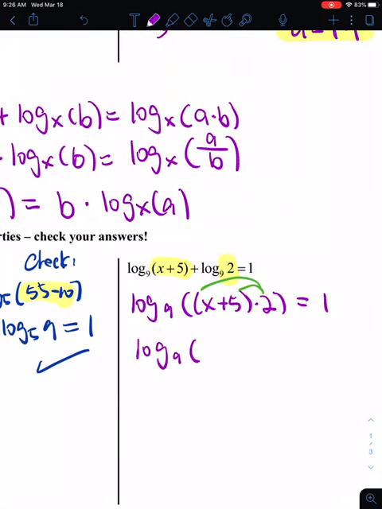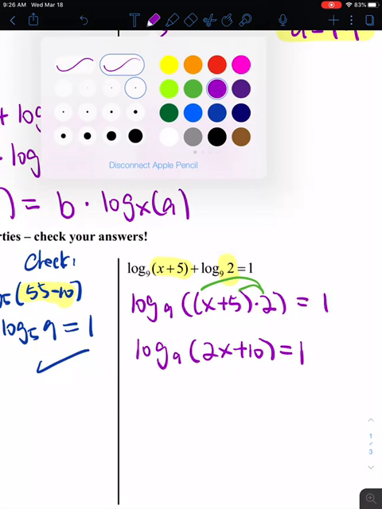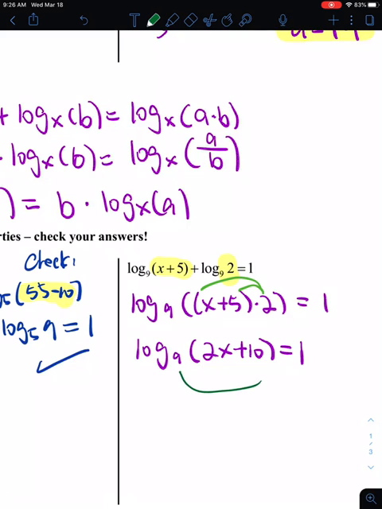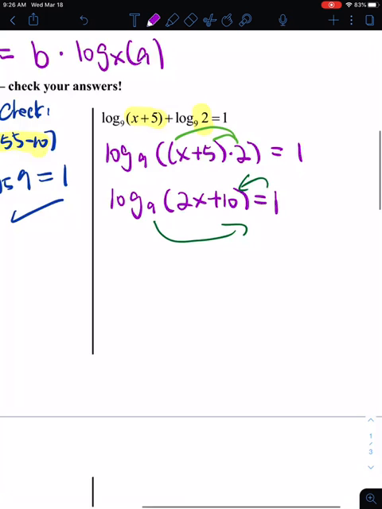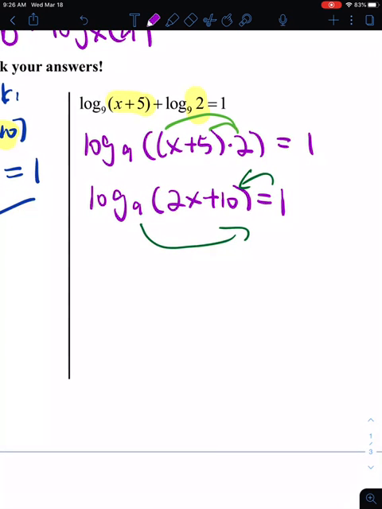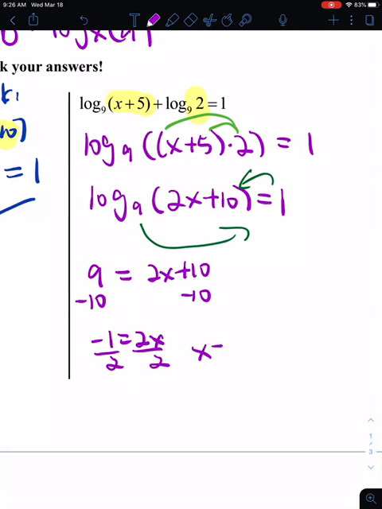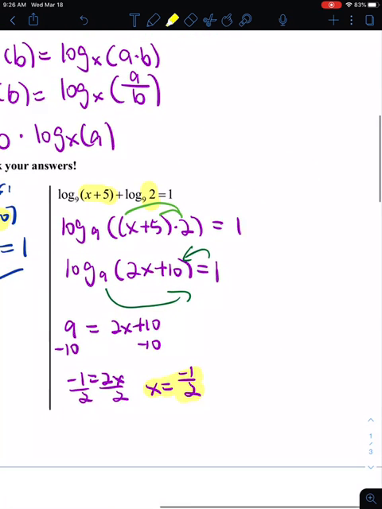So I should end up getting 2x plus 10, it looks like, equals 1. And then again, same as before, let's go ahead and use the change of base, or rather rewriting. So I get 9 to the first power, which is just 9, 2x plus 10 minus 10. I get negative 1 here. And it looks like I get x to be negative 1 over 2.